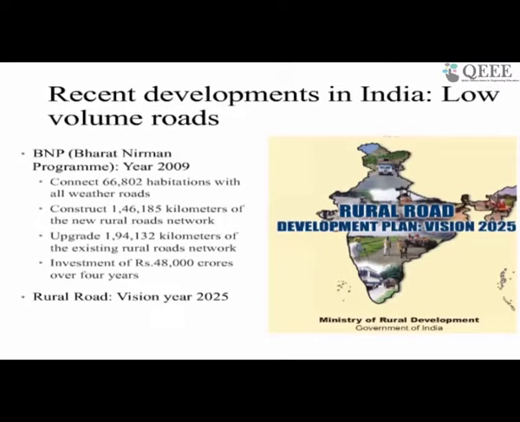The other, for the low volume roads, which is your village road and other roads, is the Bharat Nirman program. It started in 2009, and its goal is to connect the various habitats, and so far it has connected 66,000 habitats with an all-weather road, and it has constructed about 1,46,000 kilometers of new rural road network, and it has upgraded about 1,96,000, almost 2,00,000 kilometers of existing road network.